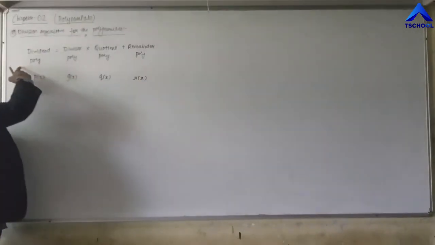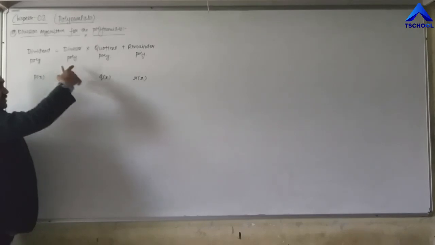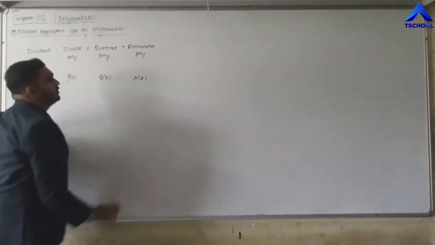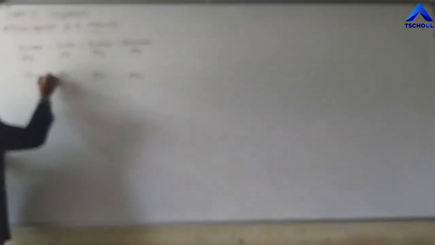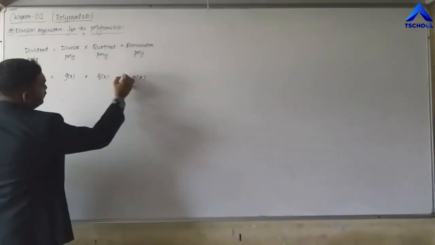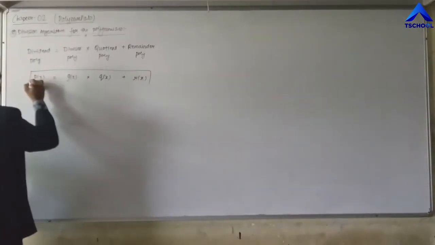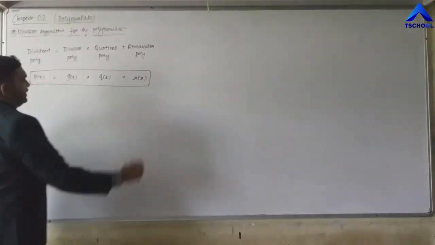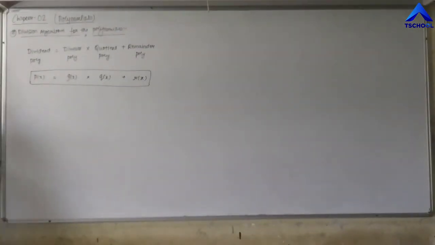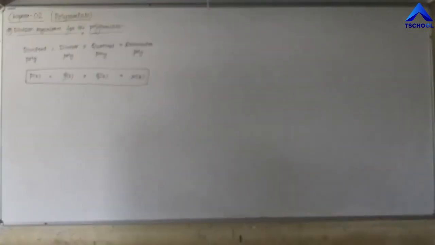P for dividend polynomial, G for divisor polynomial, Q for quotient polynomial, and R for the remainder polynomial. So p of x is equal to g of x into q of x plus r of x. This is the division algorithm for the polynomials. Is it clear, everyone? That is what the division algorithm suggests.